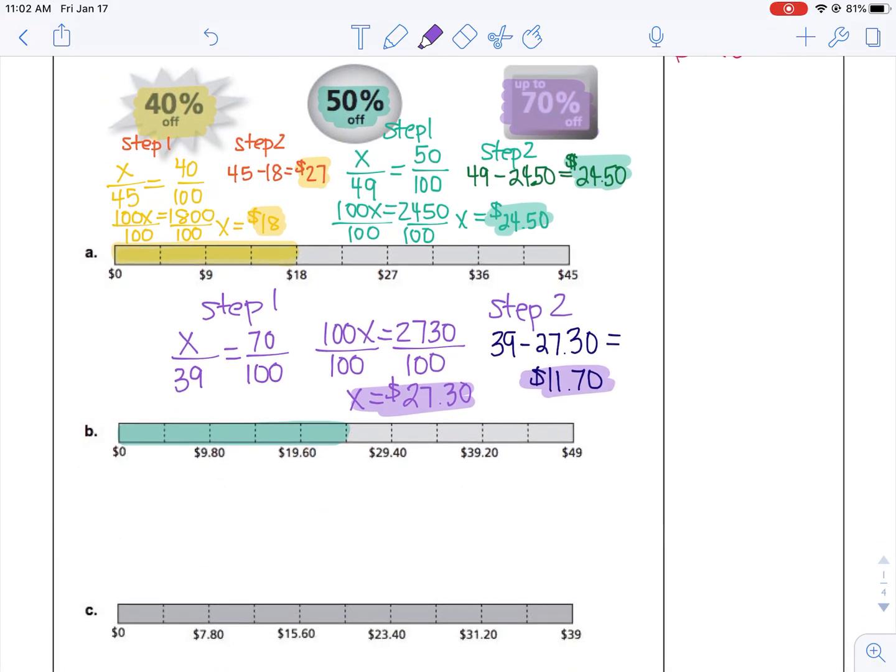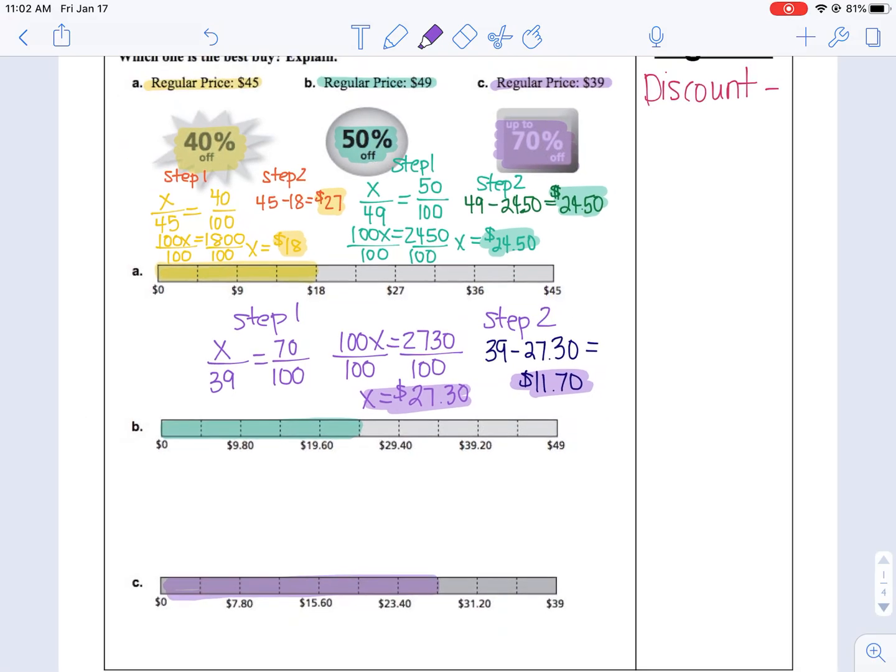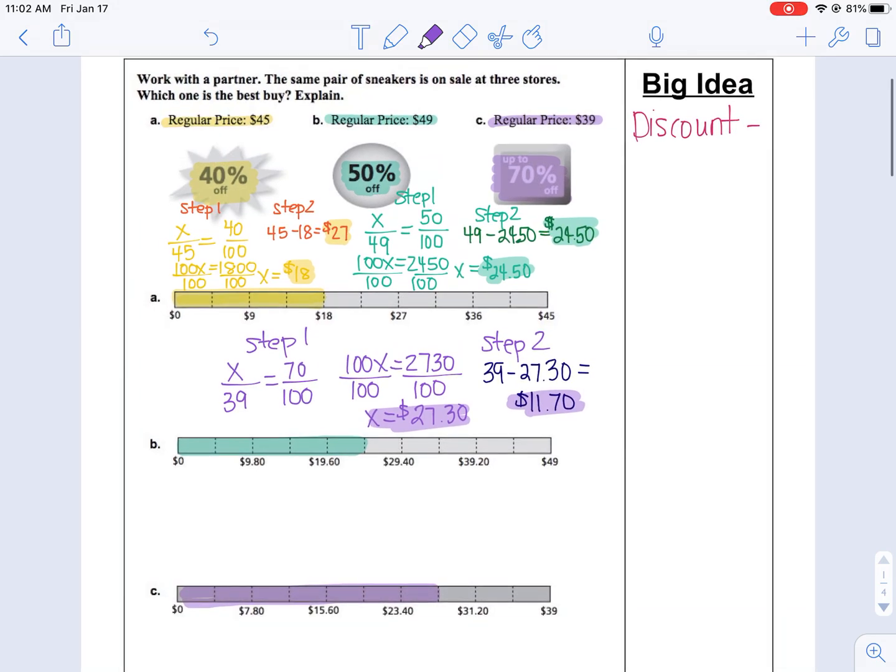So $27.30 in store C. So you have to also consider that in store C, you might not get that 70% off because it's up to. So right now, store C at 70% off is the winner. But if you don't get 70% off, you would have to recalculate and figure out maybe store B might be the better buy. But overall, so we know store A is not.